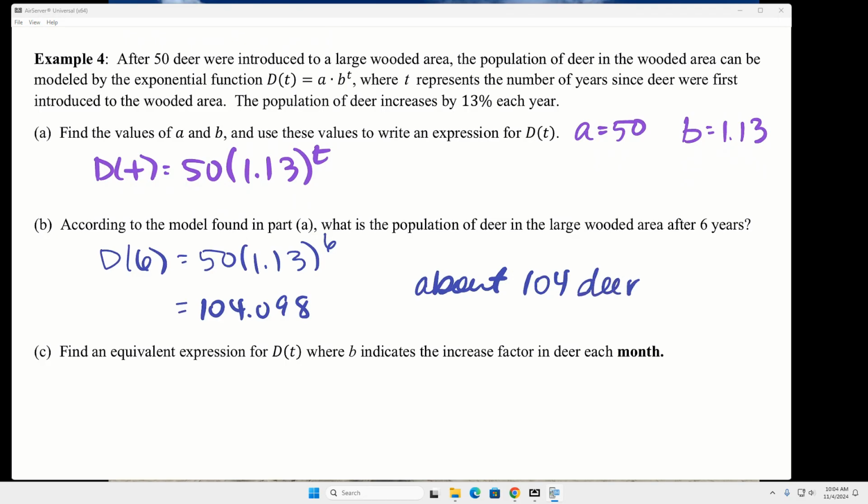So it should be about 104 deer after 6 years.